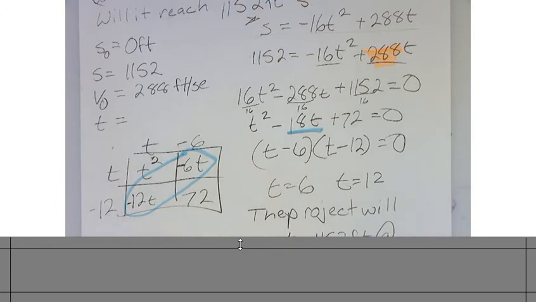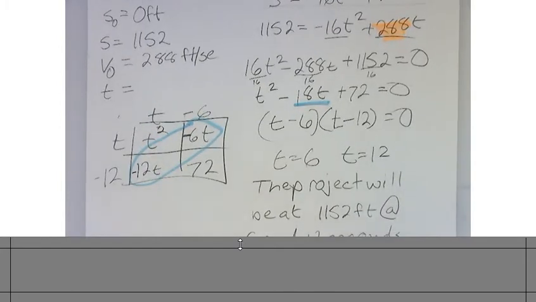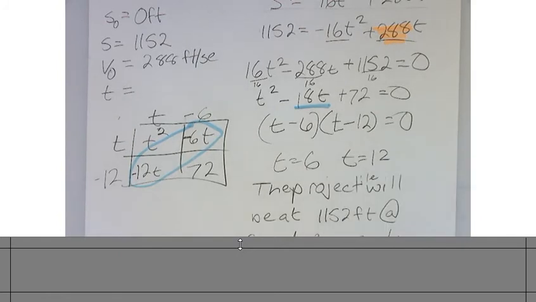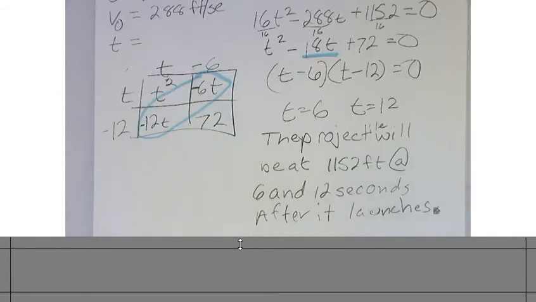Then if I set both factors equal to 0 and solve, I get t equals positive 6 and t equals positive 12. Now what that means is that the projectile will be at 1,152 feet at 6 and 12 seconds after it launches.